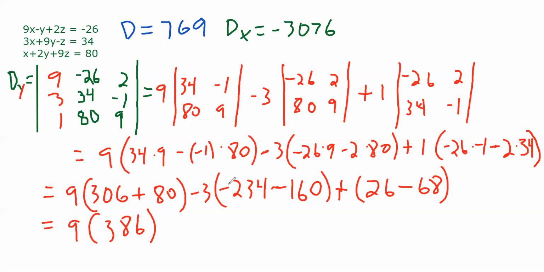Now we are marching ever closer. Negative 234 minus 160 is going to be negative 394 plus, now 26 minus 68 is going to be negative 42.